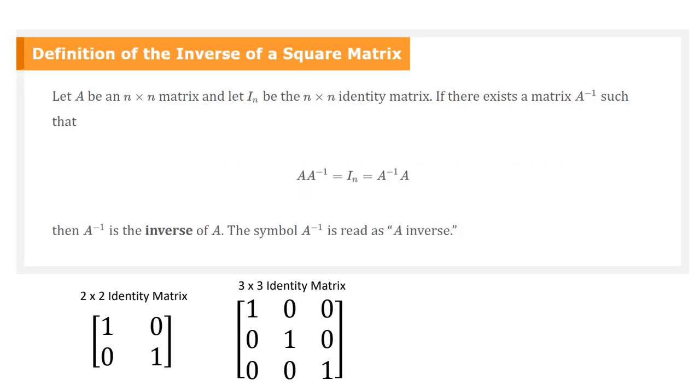So first, let's find out what the definition of an inverse of a square matrix is. Again, we've dealt with inverses before. Inverse means the opposite.